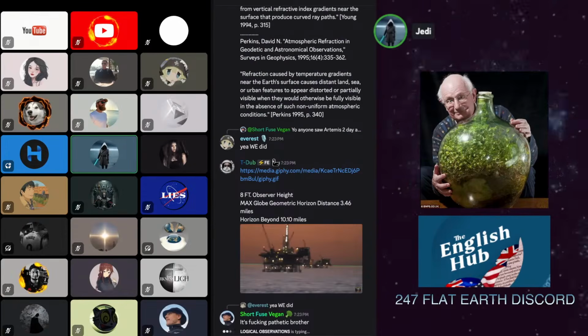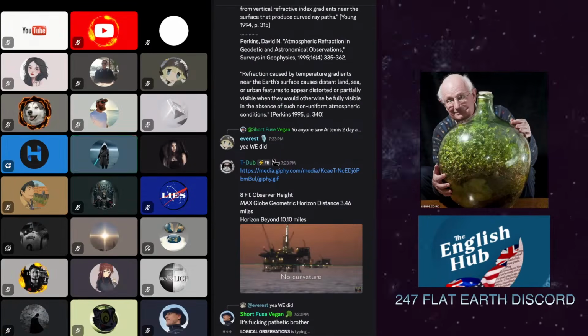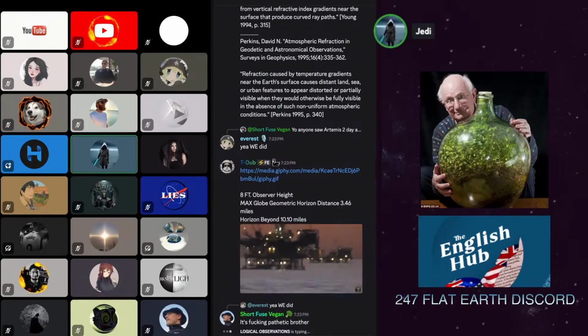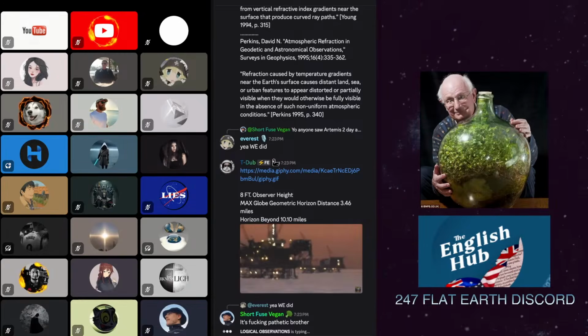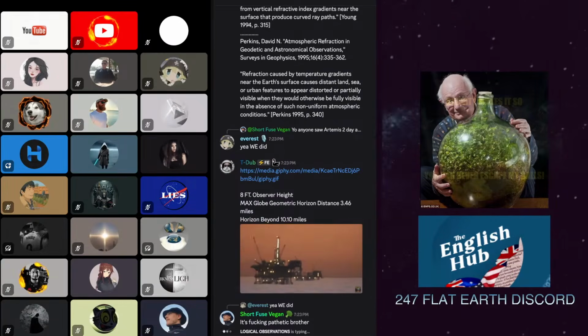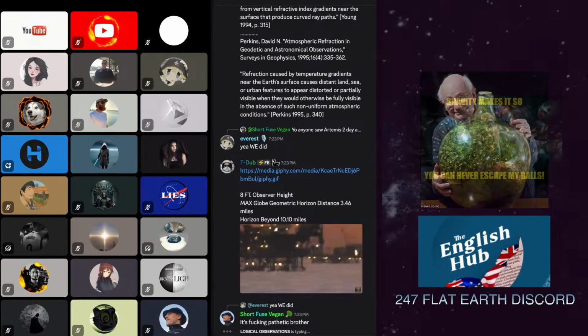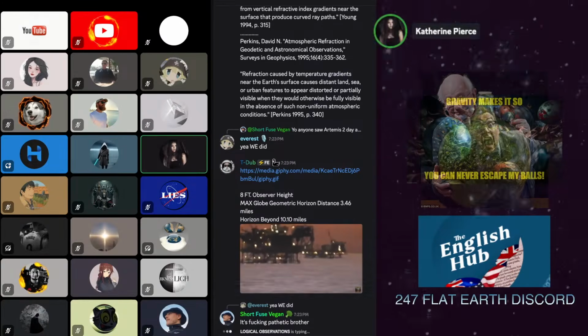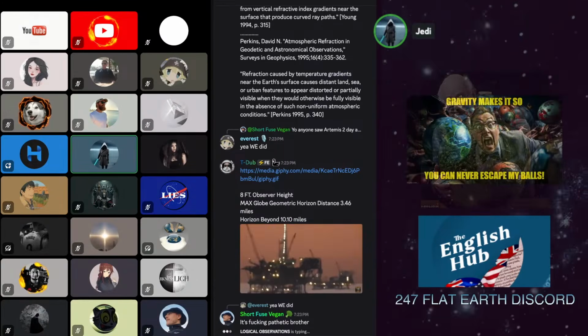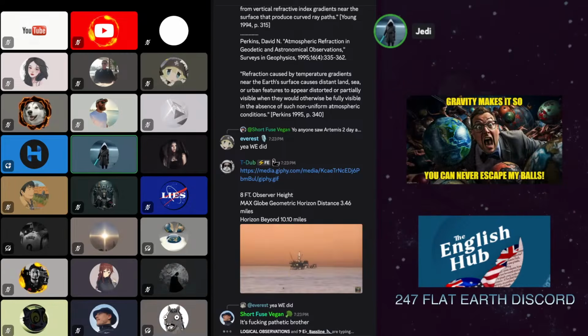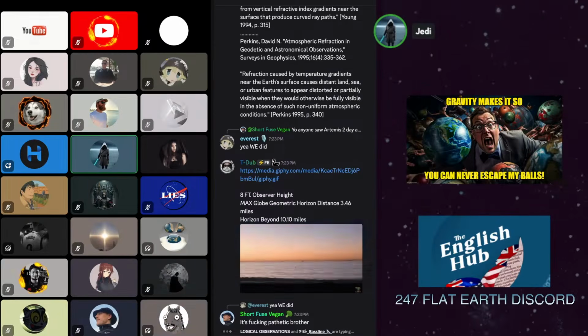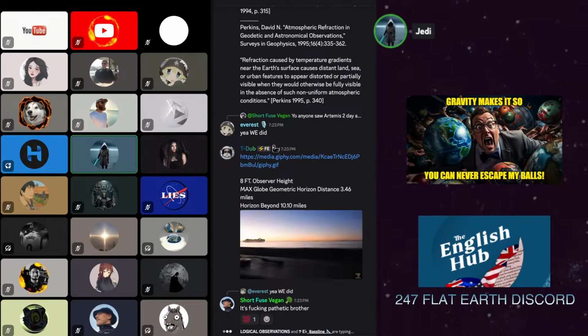Yes. Okay. How far away do you think the horizon would be standing at the beach and you're 6 foot tall? I don't know. Okay. Well, we're told how far it should be with the radius of the Earth and the height that you are above that surface.